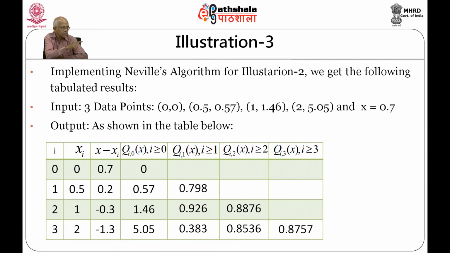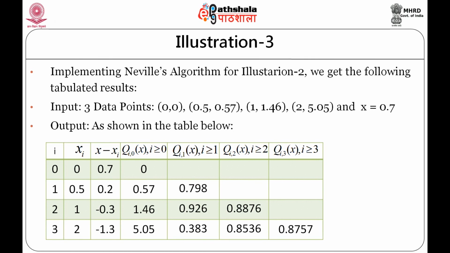So, I have to multiply minus 0.3 into 0.57 and subtract, so that will be added, and when you do that I will get 0.926. And if I take number 3, then I will be using 2 data points, 2 and 3, and that is calculated as minus 1.3 into 5.05 minus minus 0.3 into 1.46, and that will give me 0.383 as the value.